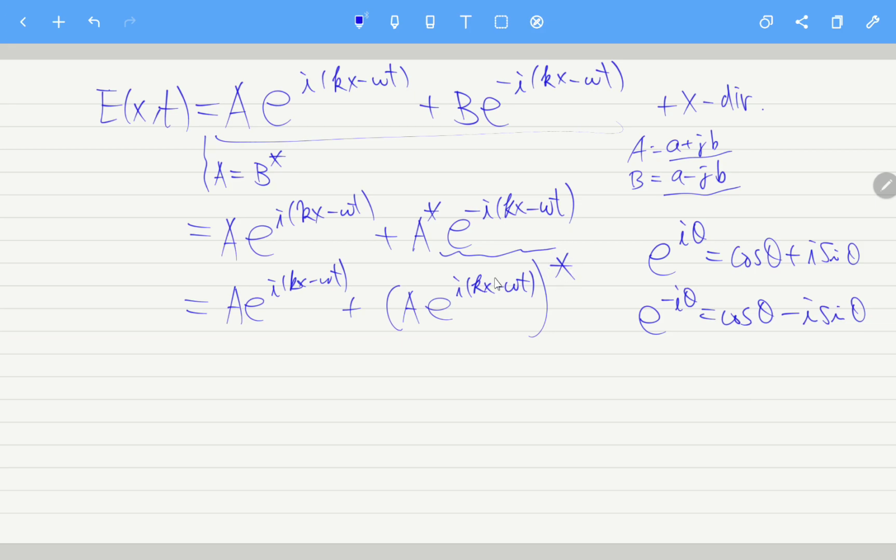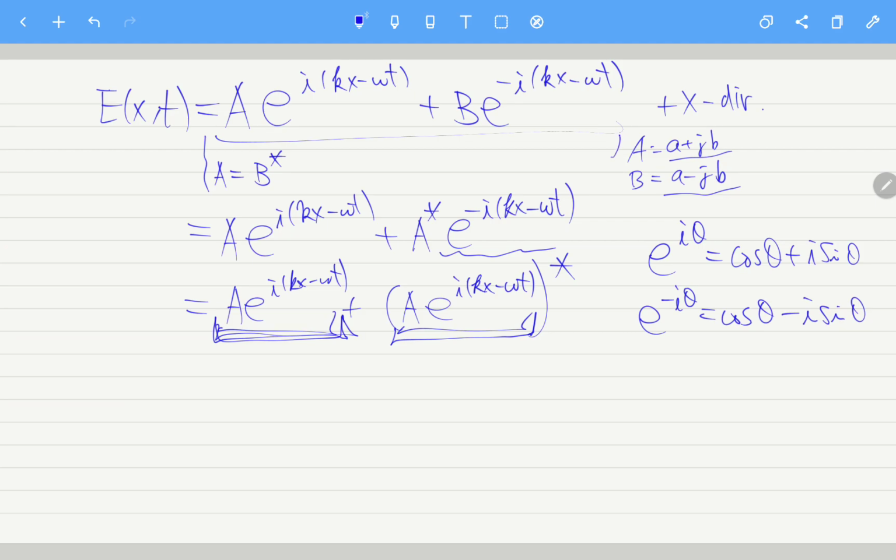If we just take the complex conjugate to the outside, this thing and this thing are the same. And if we have a complex function added to its complex conjugate, it finally turns out to be a real function.